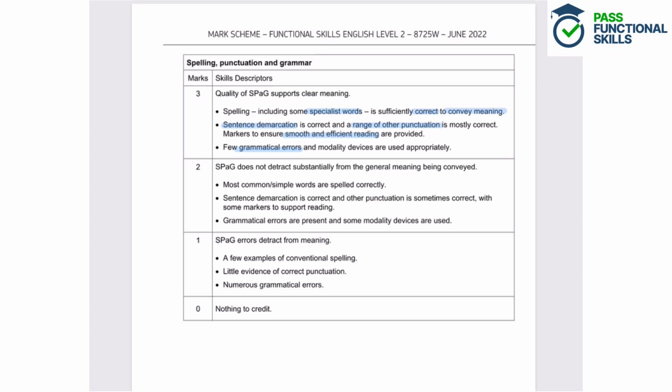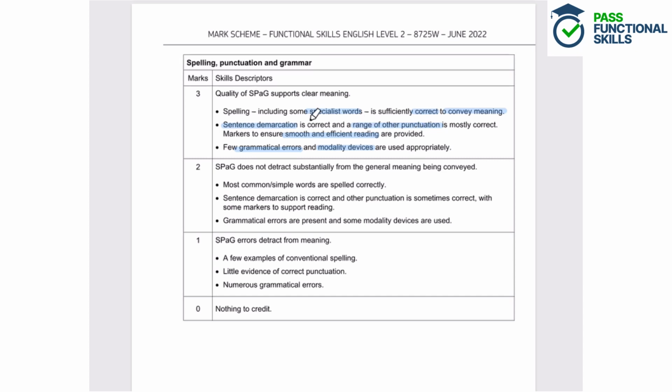You also need to use modality devices appropriately. So modality devices include modal verbs like might, could, will or should. So make sure that you are doing that correctly and make sure that you have some subject and verb agreement within your answers.